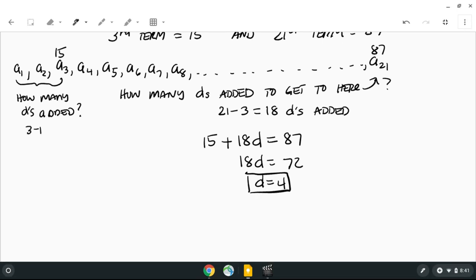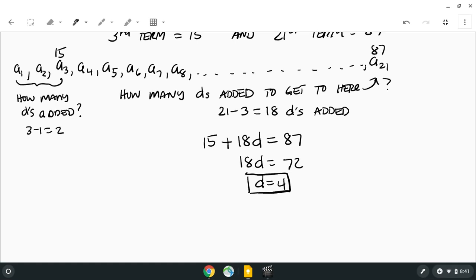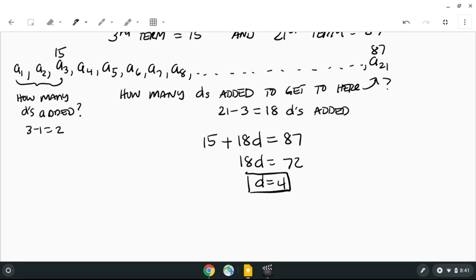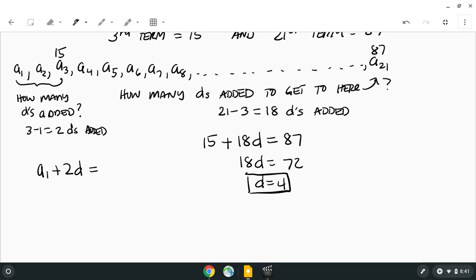We can visually see it, but 3 minus 1, 2. So 2 d's added. Okay. So A1, we don't know A1, right? We're trying to find it. Plus how many d's? Plus 2 d's will give us the third term. What's the third term? 15.